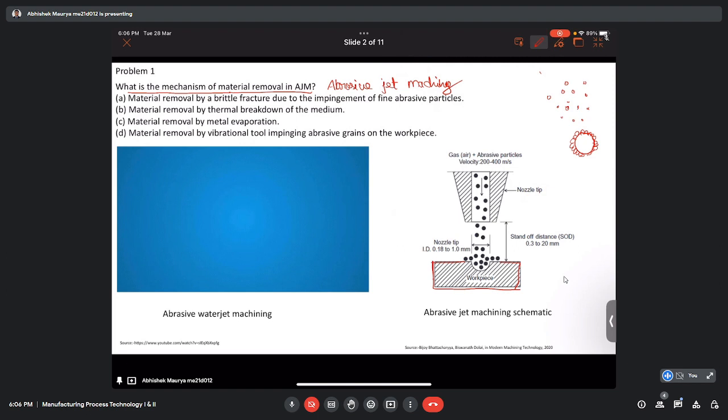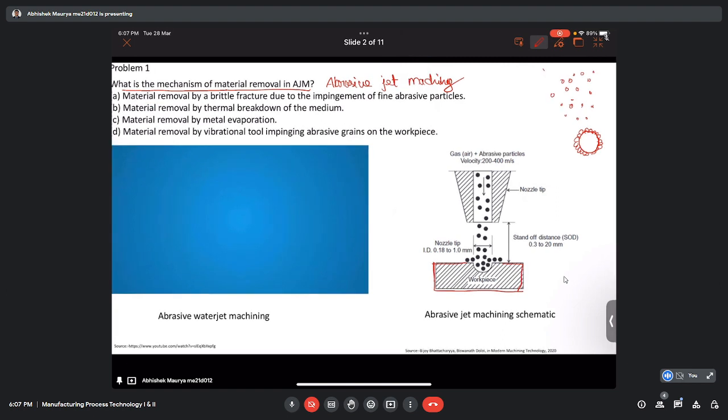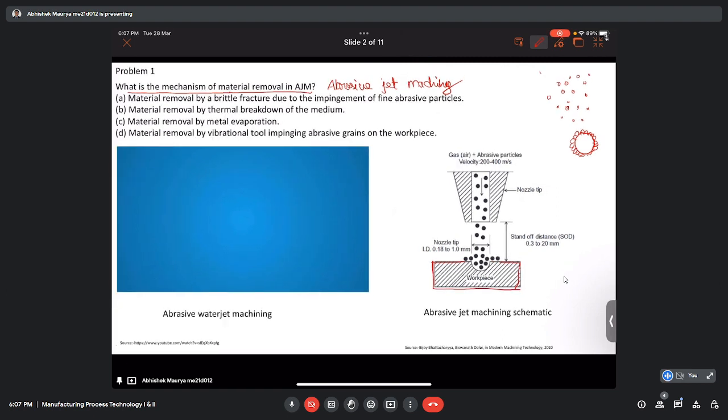Likewise, here we have abrasive particles. In the earlier cases, grinding or buffing, the aim was to get the final dimensional accuracy or a good surface finish. But here the objective is a little different. Abrasive jet machining is used for advanced materials.